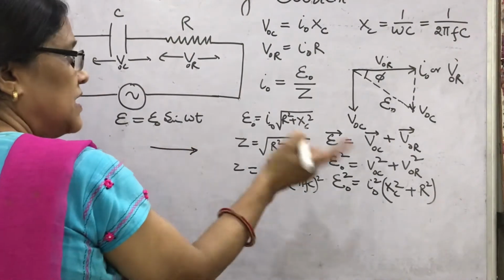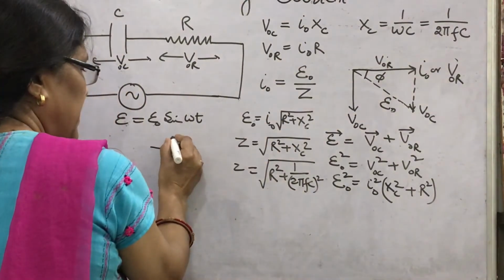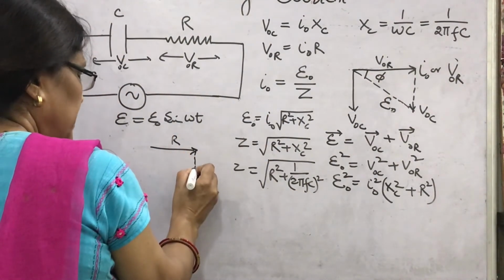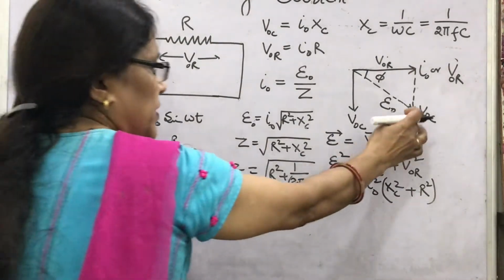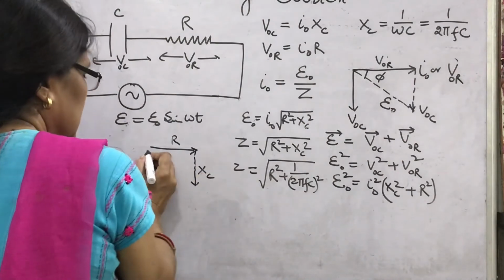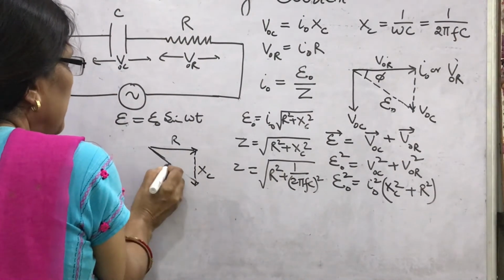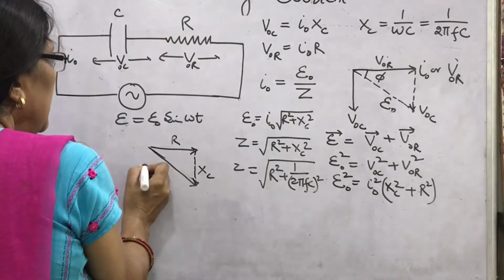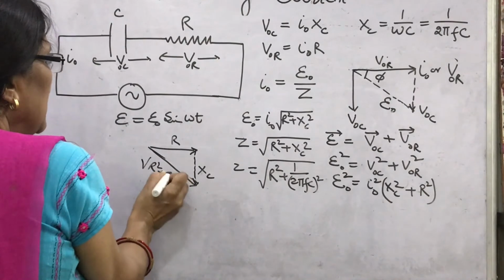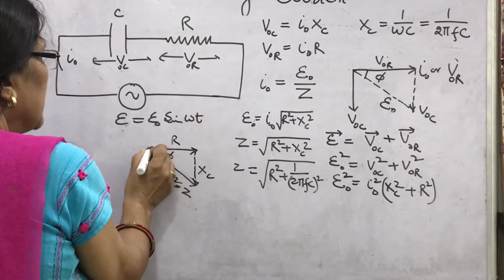With the help of the impedance triangle we can find it. If the question asks you to draw the impedance triangle, in place of V naught R you will draw only R, in place of V naught C you will write only XC, and the resultant will be the square root of R square plus XC square, which is called Z, at an angle phi.